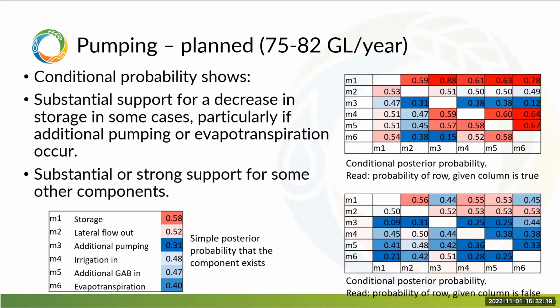But some components have substantial strong support in some cases, but not others. So if we have a look at, say, irrigation in, which is this one here, we're starting to get some support here, or even Great Artesian Basin in. Then we switch down to here and we've got support against. So in this case, it's quite dependent on which combination of components exist in the water balance model.